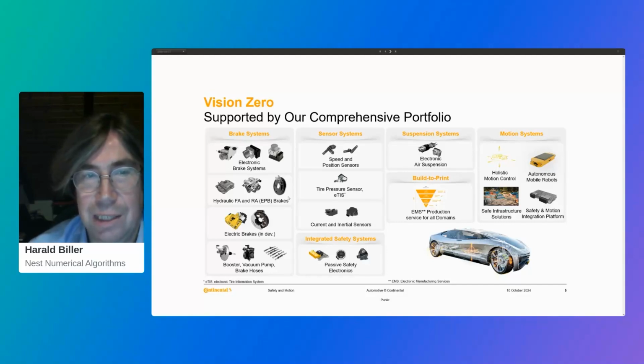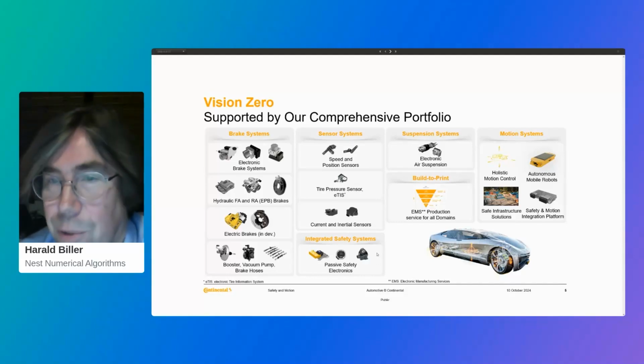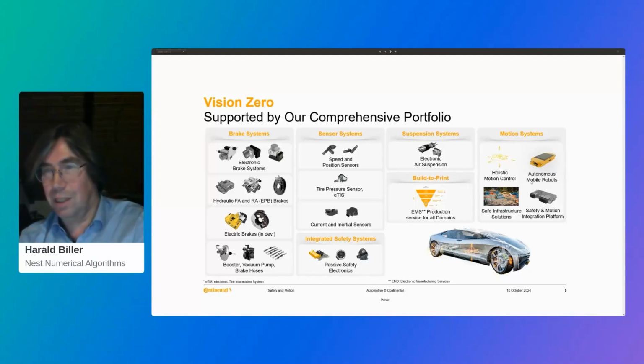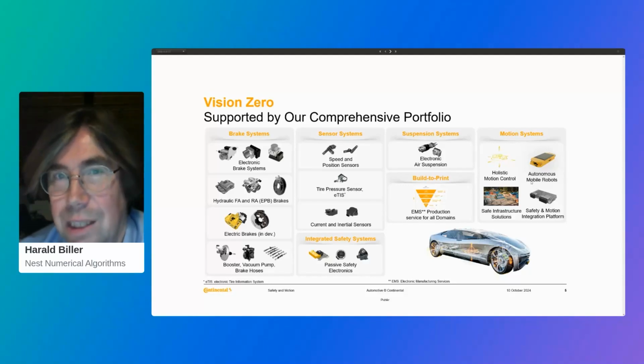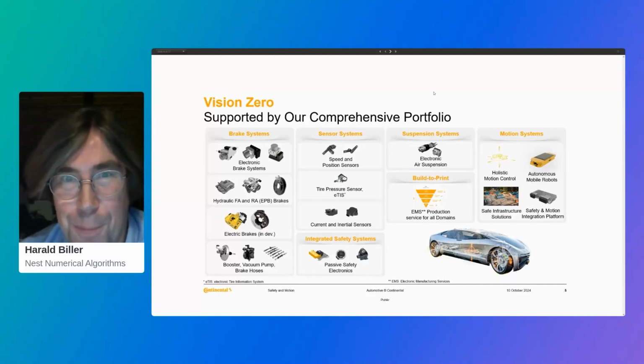Then there are the actual wheel brakes, hydraulic or electric brake boosters, sensorics, airbag control units, quite a different important thing, air suspension, modern stuff like these autonomous mobile robots, which we're interested in for our own purposes, but also to get into autonomous driving. So already my corner of Continental is quite interesting.